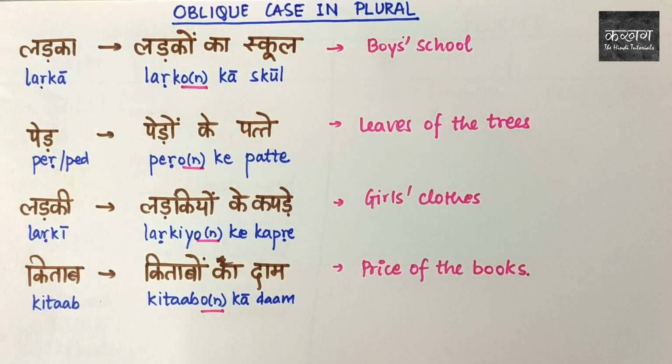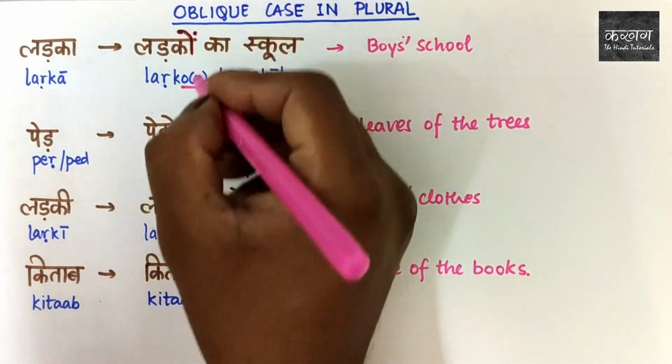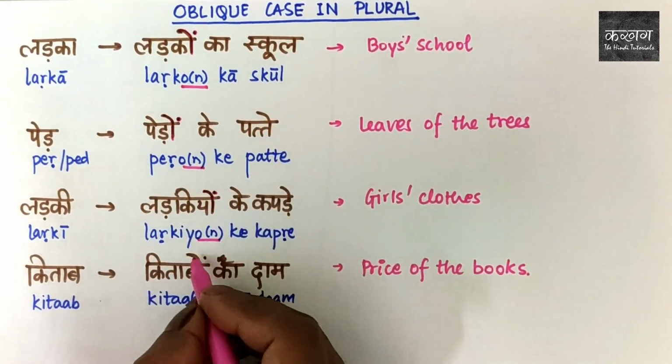You can clearly see that in oblique case, all the plurals end with the o sound.